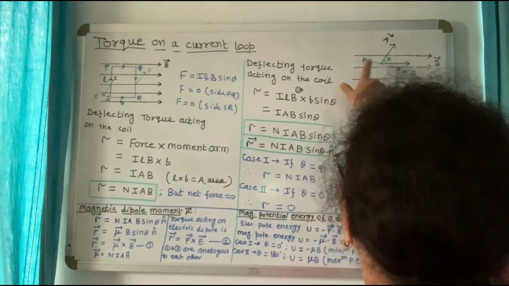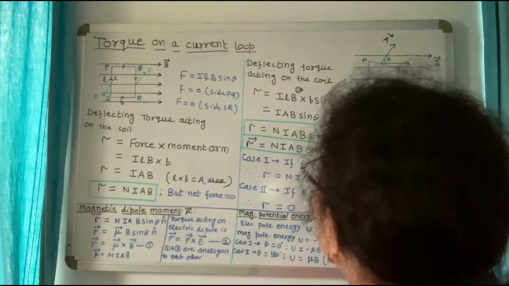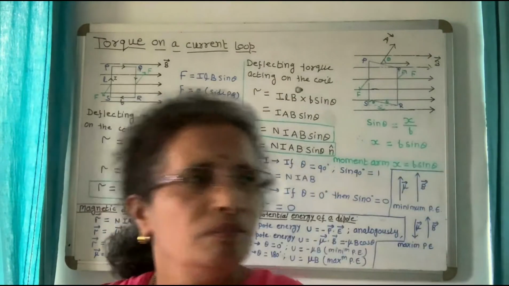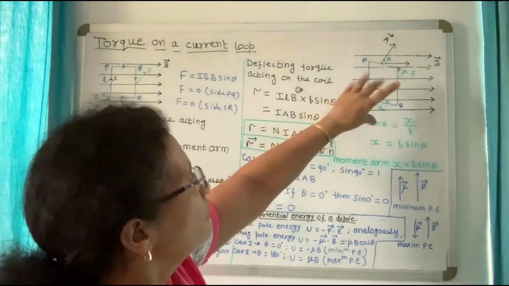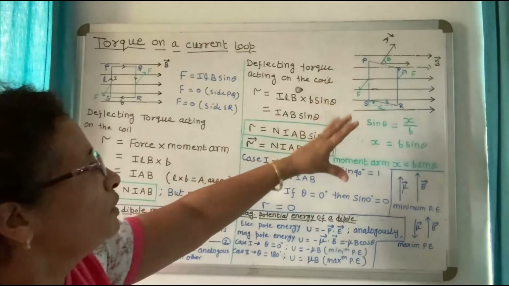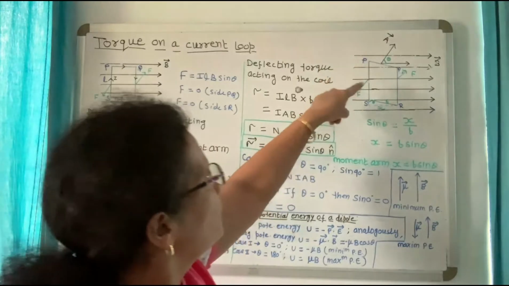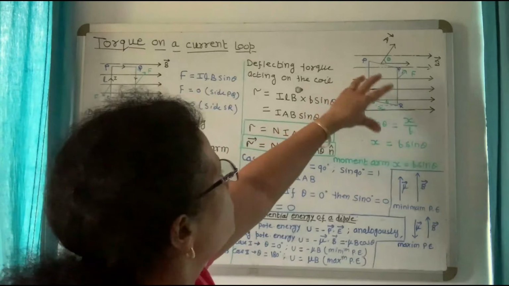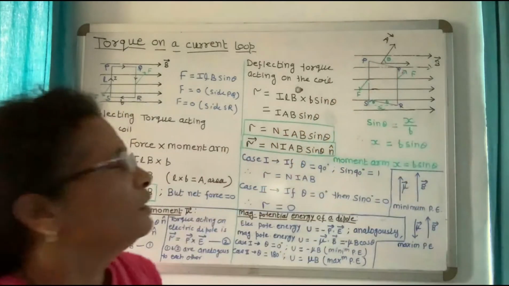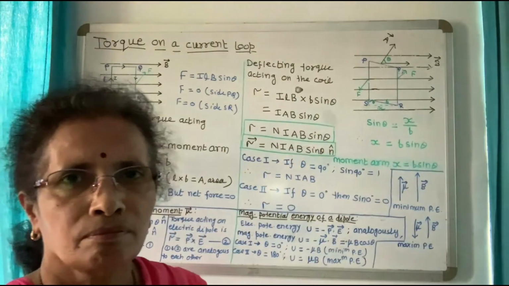Again, these two parallel sides experience forces which are equal and opposite, so they cancel each other, because in the deflected position also the coil remains perpendicular to the magnetic field.